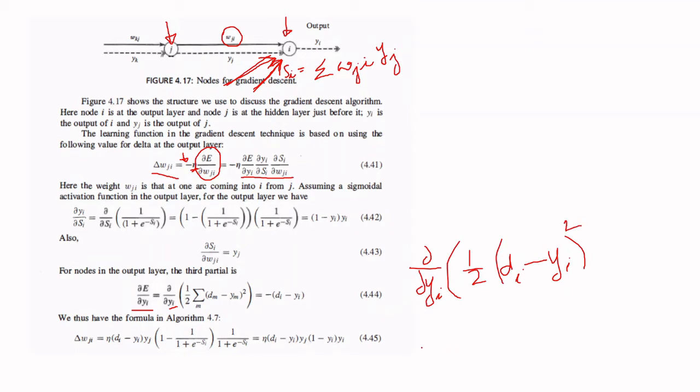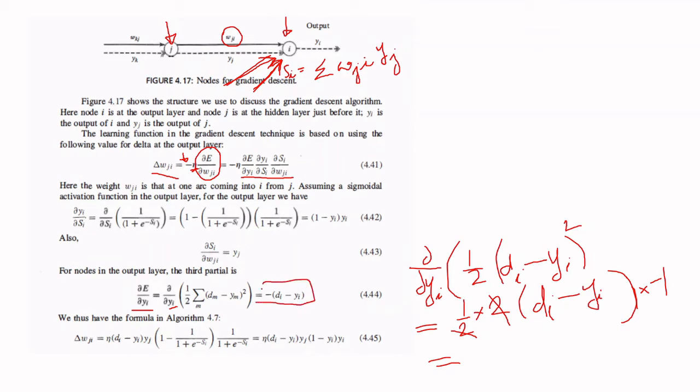When you take the derivative, this becomes 1 by 2 into 2 into di minus Yi into the derivative of this term, which is minus 1, which means you can cancel this out, and this is equal to minus of di minus Yi, which is what we get here. Okay, so we have got this term.